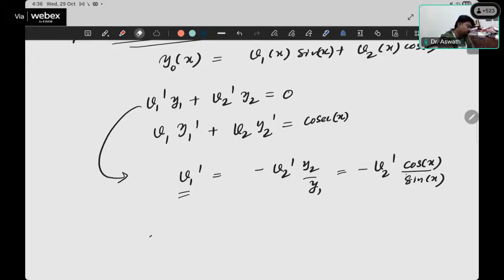Now what you will have is minus v2 prime cos x by sin x. I'm writing v1 prime into y1 plus v2 prime into y2 is equal to 0.